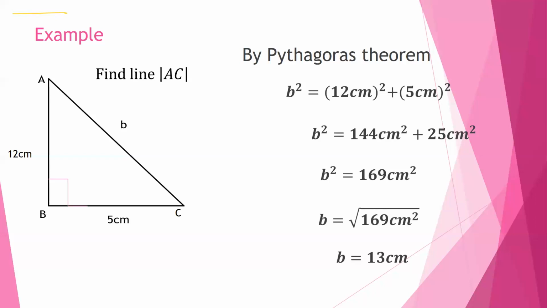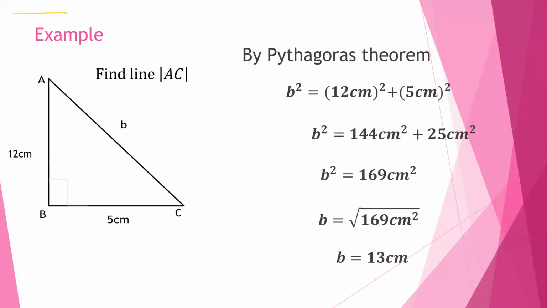You realize that the centimeter squared is attached to the number. It's attached, and this is attached. They are together. It's a whole. So this plus this, they all have similar units.